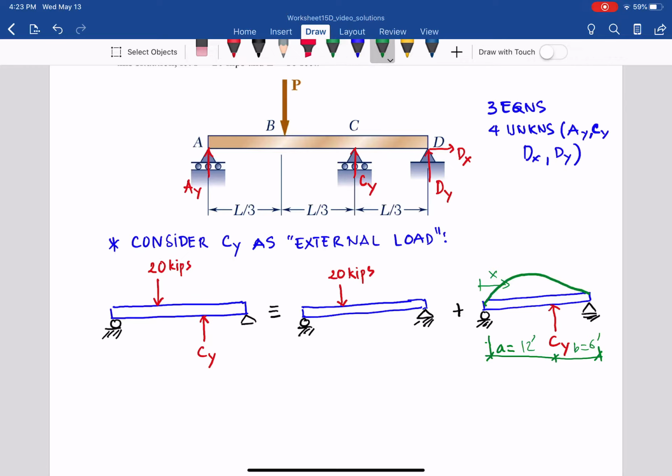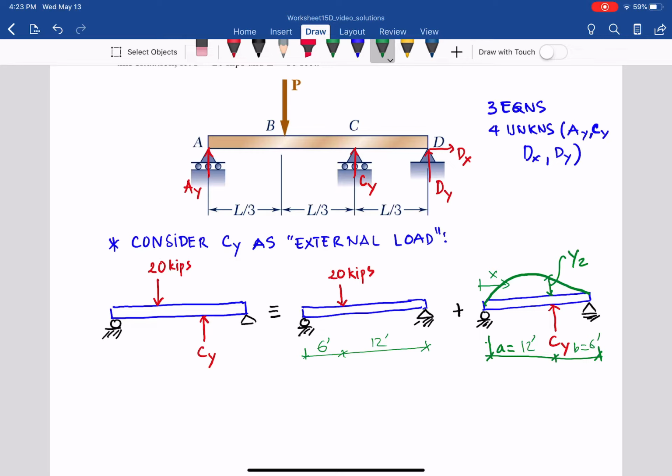And at point C here, the deflection at point C, we call that Y number 2, Y2, okay? Because the next one, we take Y1. And now Y number, the 20 kips, for the simply supported beam, we have the load. In this case, it's 6 feet. And this one is 12 feet.